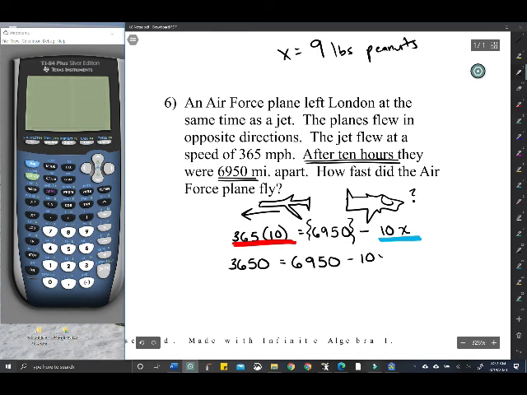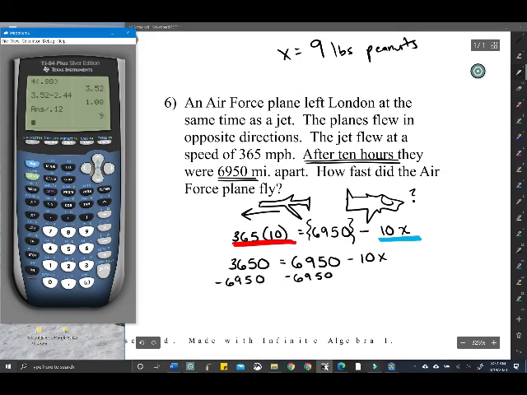Minus 10x. We're going to subtract 6,950 minus 6,950. And that gives us 3,650 minus 6,950.